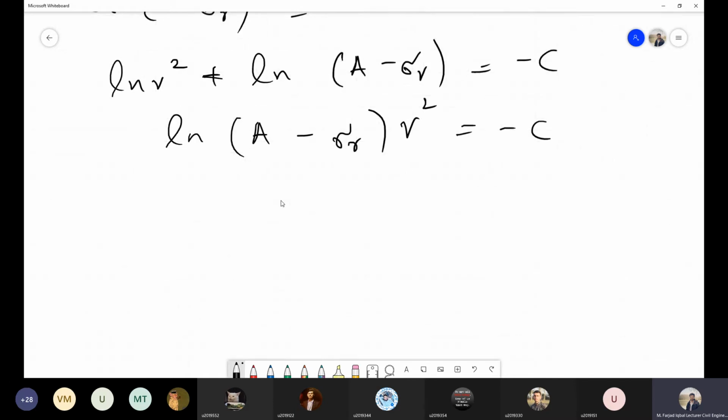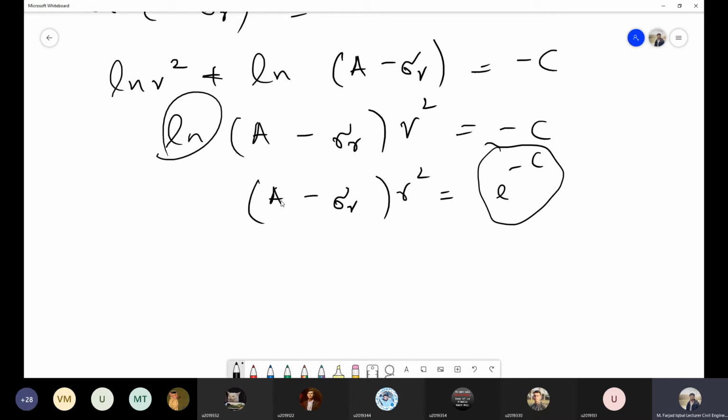Now if I want to remove this log natural, I have to take it into the exponent. So that will give me a minus sigma r into r square equal to exponential minus c. Now this exponent e minus c is represented as b, and this b is the second Lame's constant.